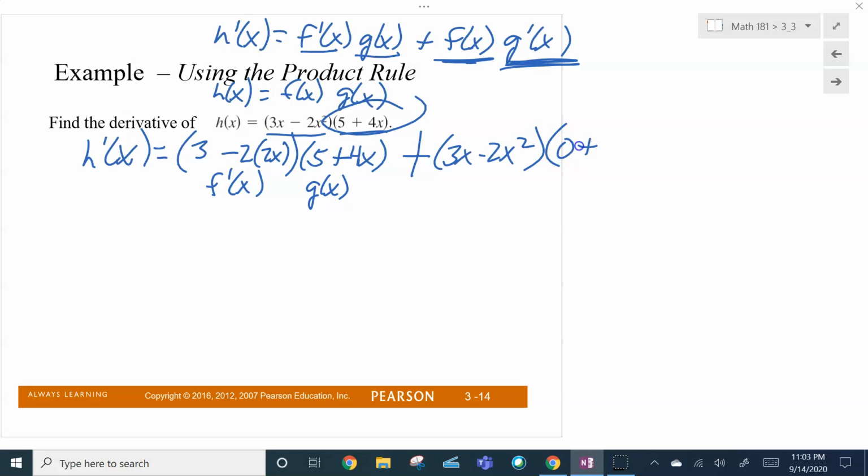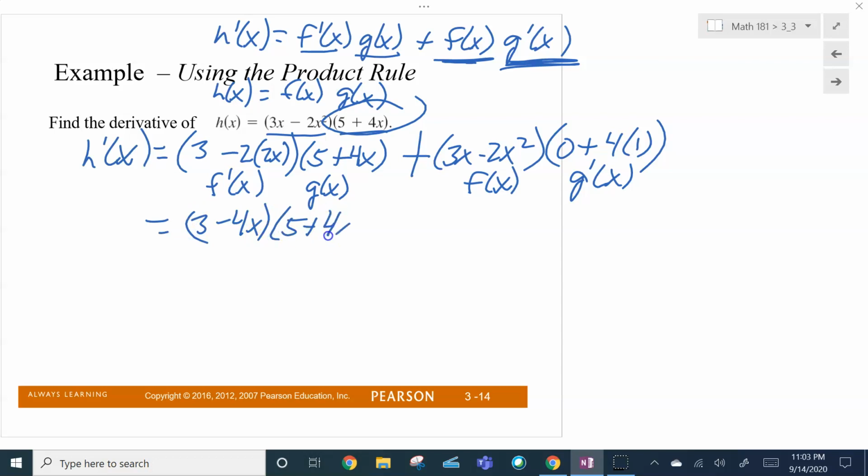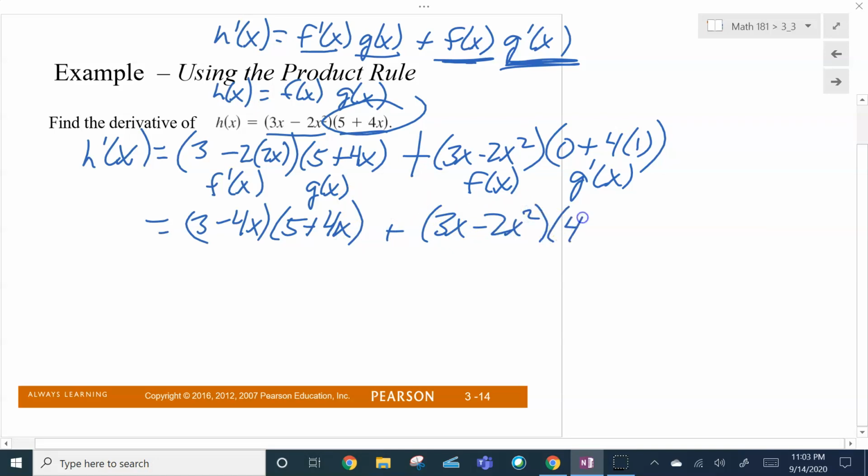And then plus 4, derivative of x is just the 1. So here's f of x, and this is g prime of x. Okay. So we've got 3 minus 4x times 5 plus 4x plus 3x minus 2x squared times 4.